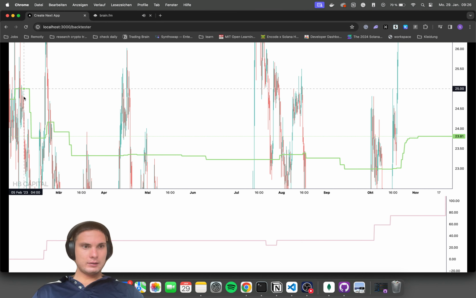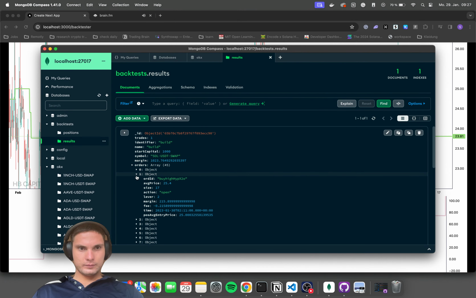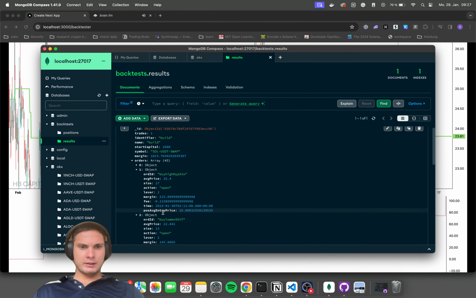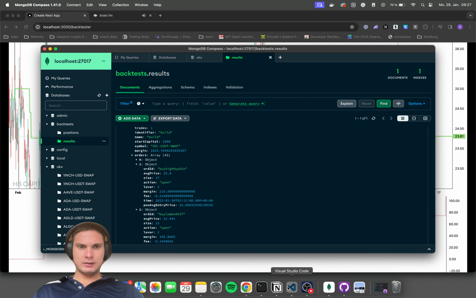And buy high, buy low, and in between there should be a reduce. This does not make sense.